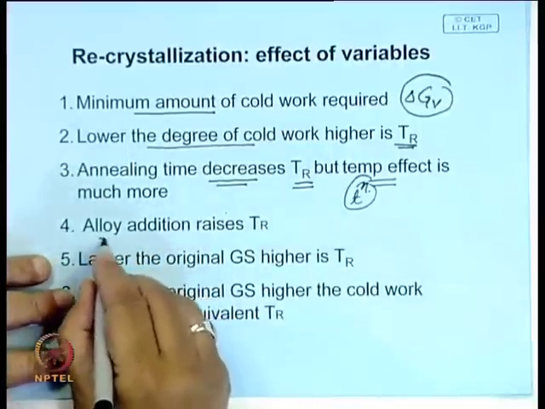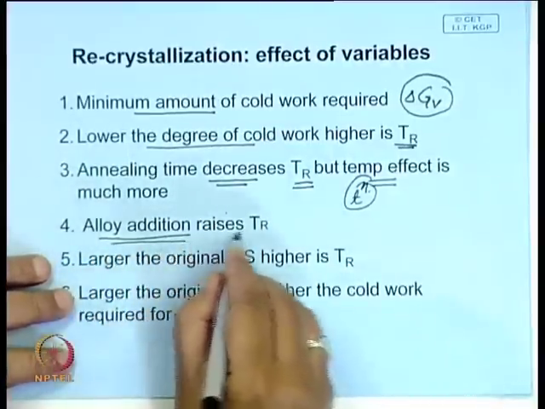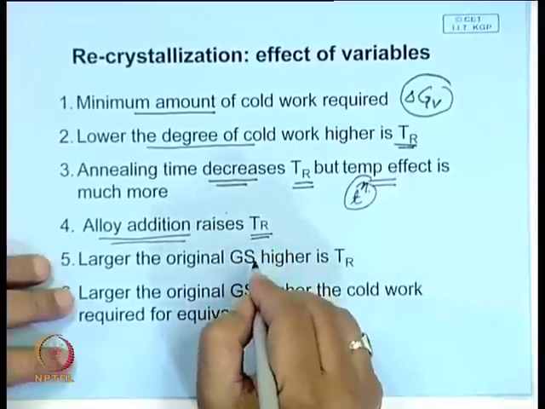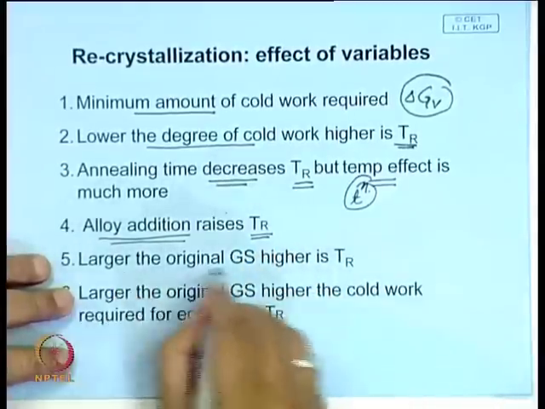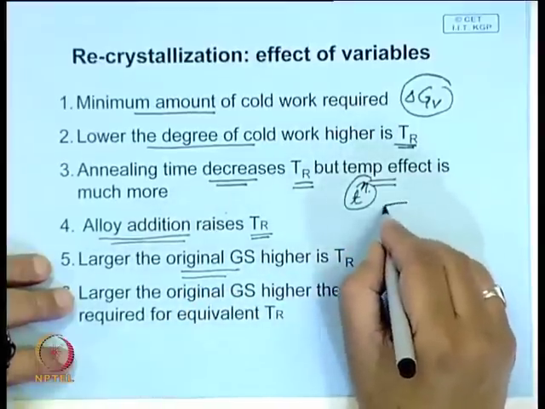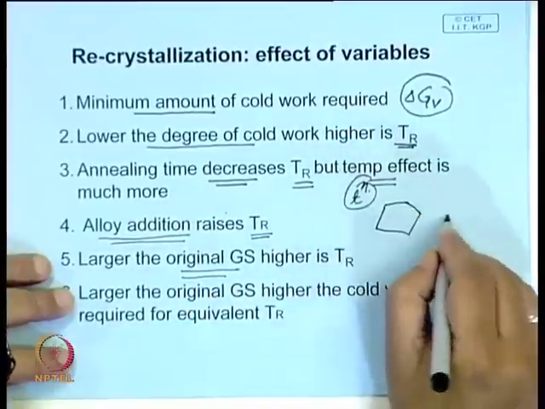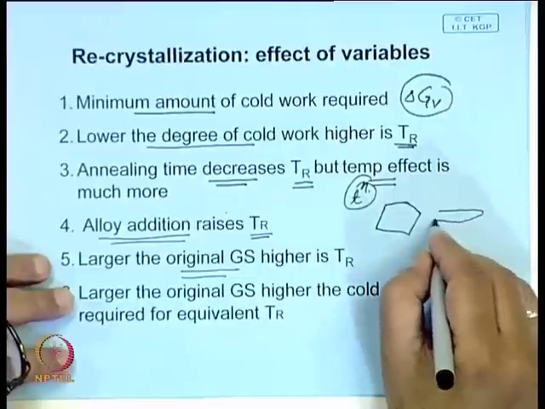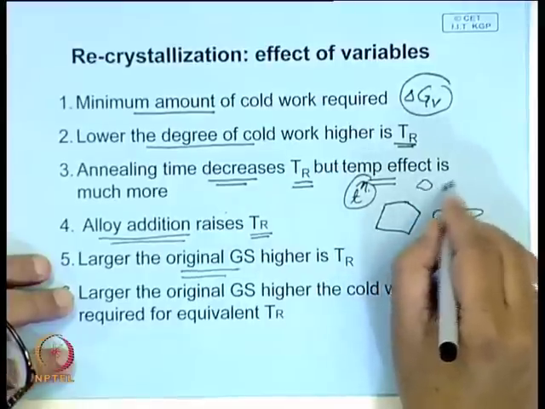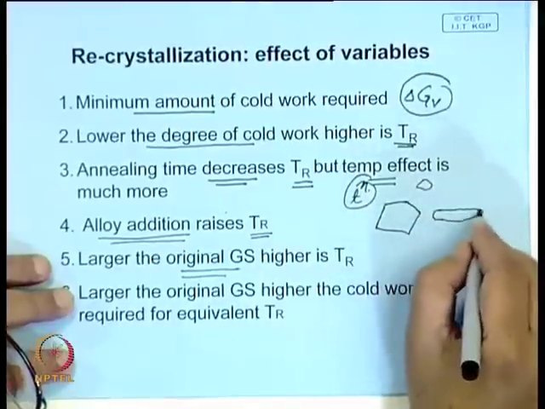Alloy addition: if you add alloying elements, the material becomes stronger and its recrystallization temperature goes up. Then larger original grain size: whenever you cold work, the grain boundary area of course increases, but if you have a finer grain size the area increase will be much more.